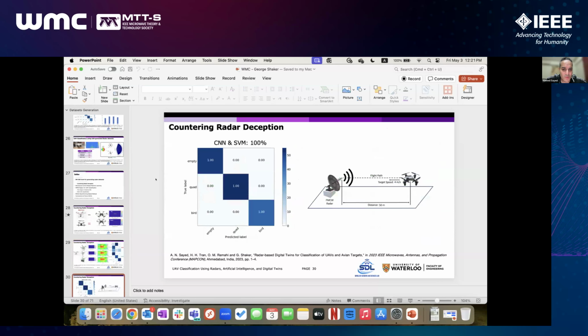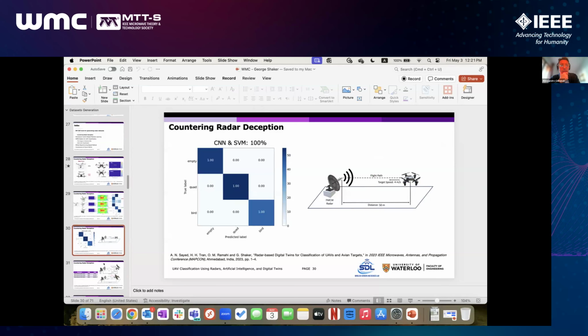Are you meaning this scenario? Yes, the question is about the accuracy matrix, about the classification of bird versus drone, and the possible risk of overtraining because of simulations. There's a lot of work done to try to classify whether the target we are seeing is a drone or a bird.